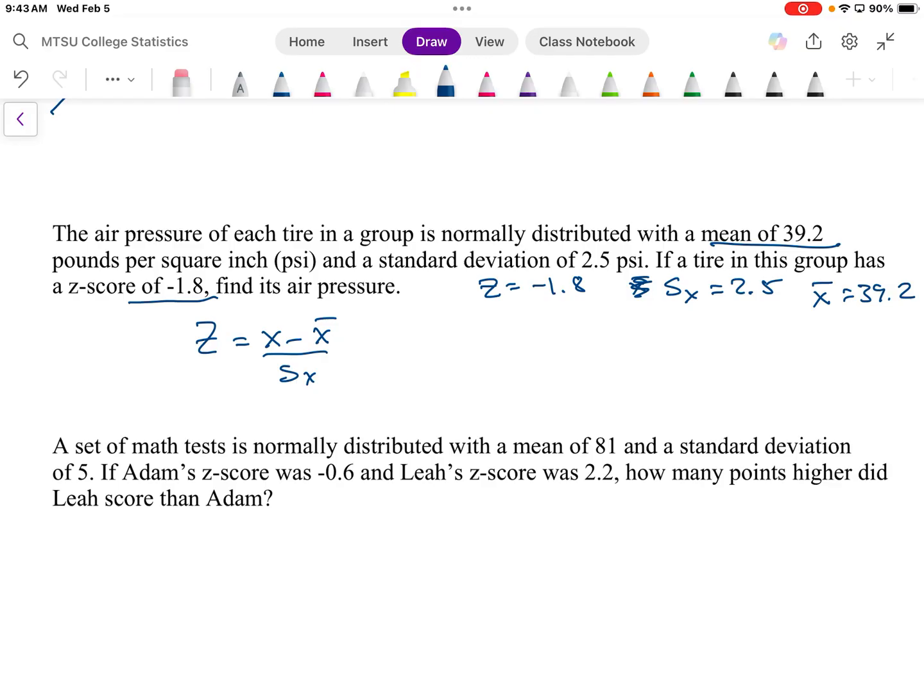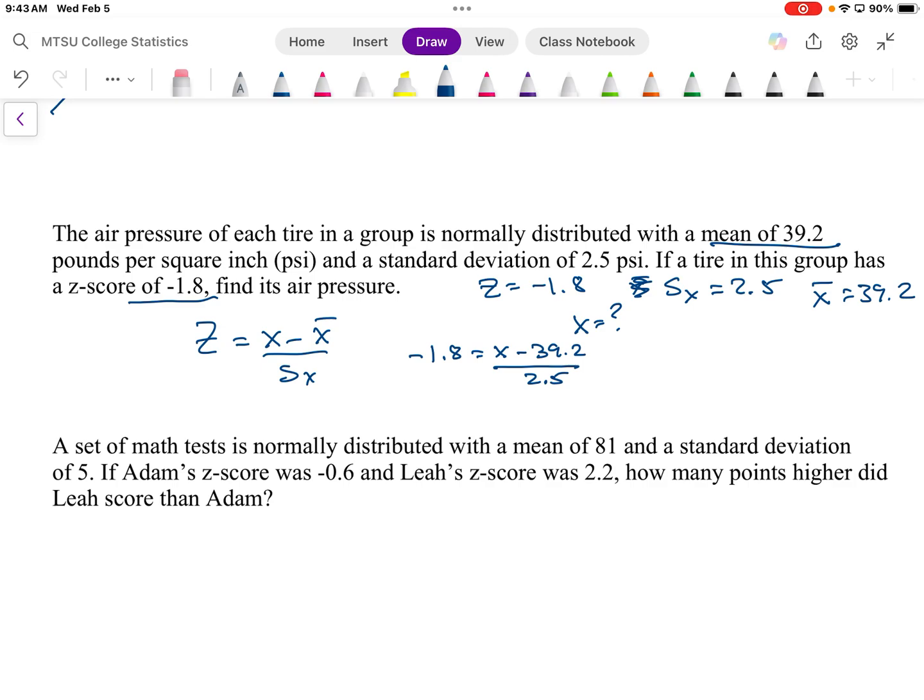They asked us to figure out what the x value was. We're missing the actual x value that gave us a z-score of negative 1.8. So in this case, we're going to do some back solving. Negative 1.8 equals x minus the mean divided by the standard deviation.